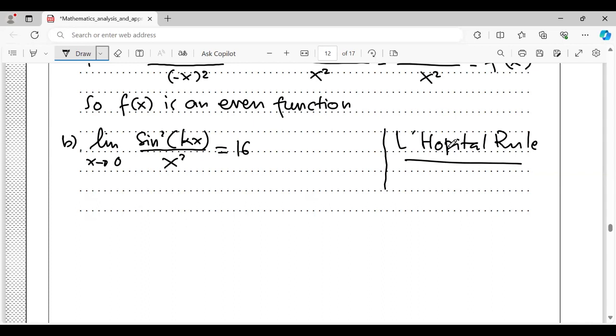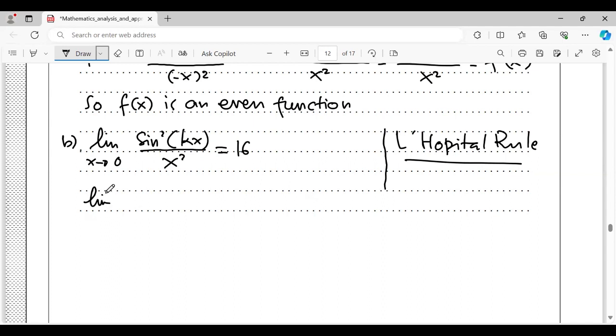The L'Hopital rule says that we are going to find the differentiations of numerator and denominator, right?